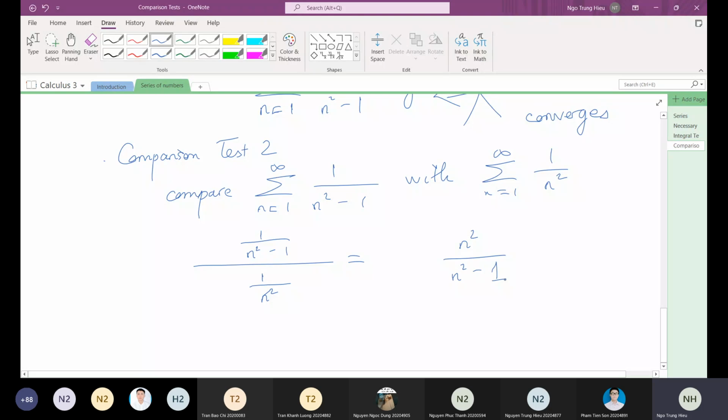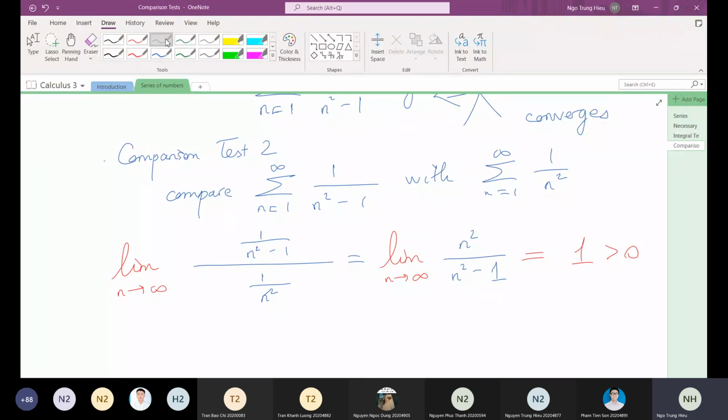Now we take the limit as n goes to infinity. We see that this limit is 1, bigger than 0. So we conclude that the two series have the same convergence or divergence.